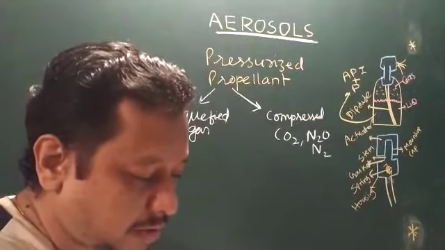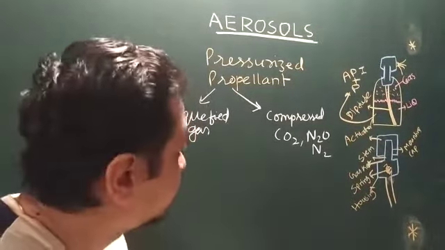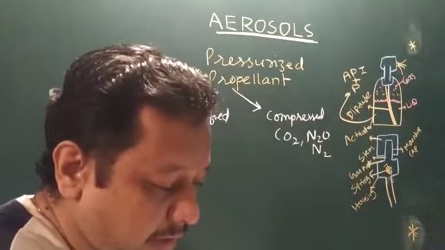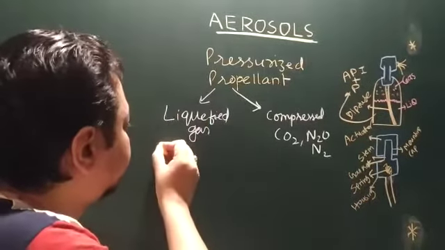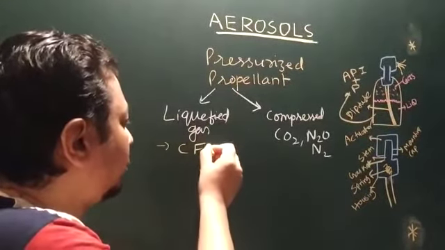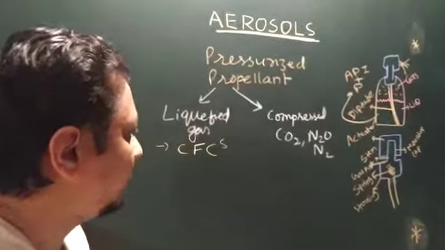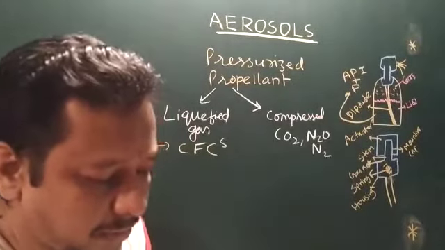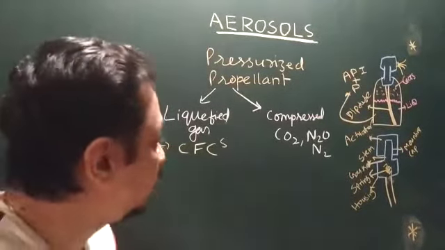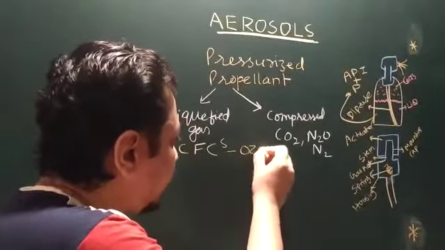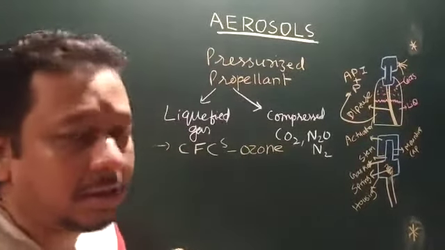An example of liquefied gas is chlorofluorocarbons. The problem with chlorofluorocarbons is that they deplete the ozone layer, and that's why their use is very restricted.